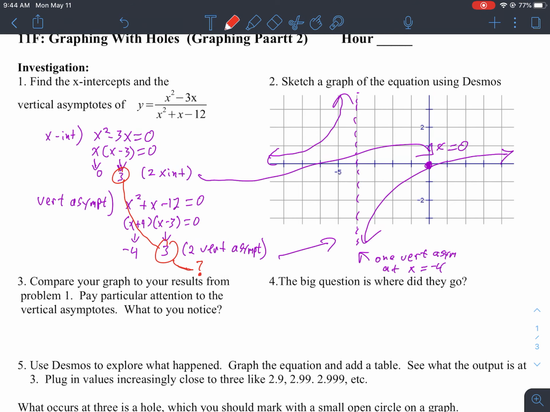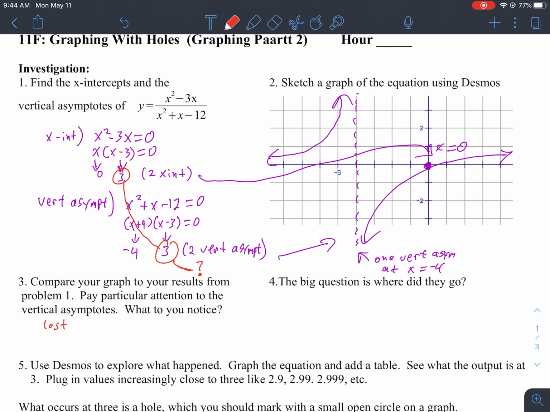We lost the x-intercept of 3 and the vertical asymptote of 3. Where did they go? They are gone.